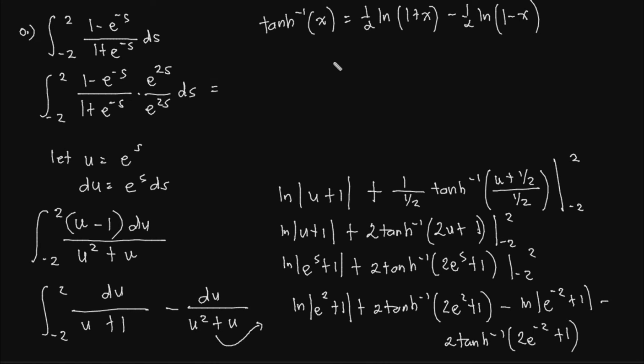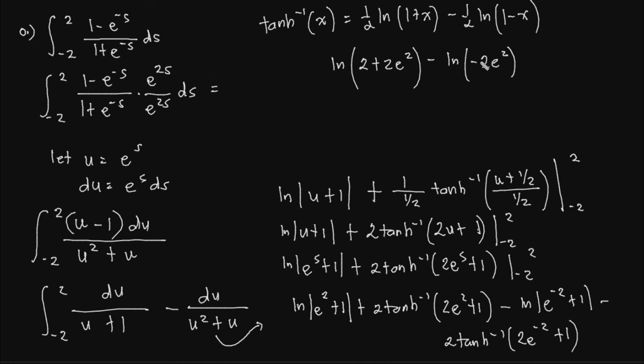So if we have 2 na dito, mawawala tong mga 1/2 dito kasi may 2 multipliers sila, both of them. So in this case, I have the ln of 1 plus x, so that is 1 plus 2e squared plus 1. So this becomes 2 plus 2e squared. Okay, so I hope malinaw yun. And then minus ln of 1 minus this 2e squared plus 1, so that becomes -2e squared.